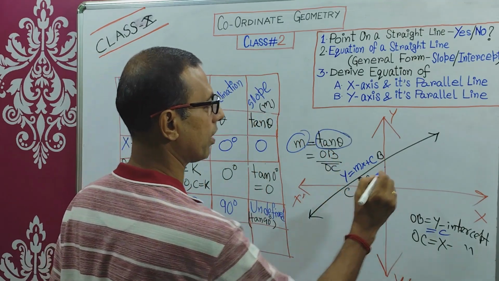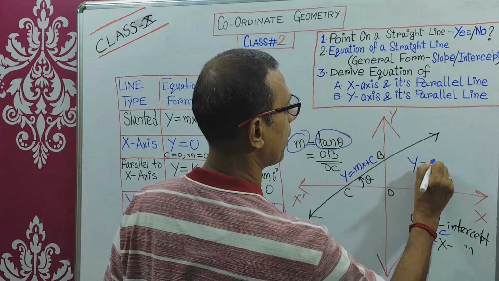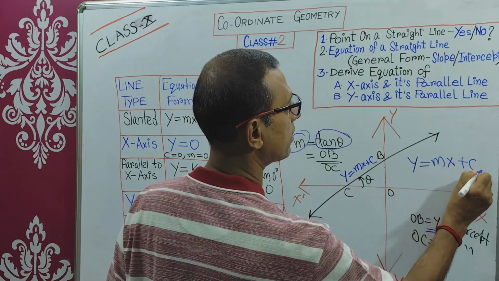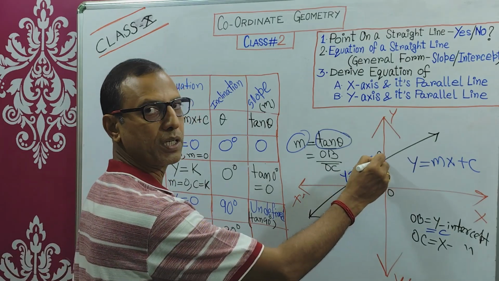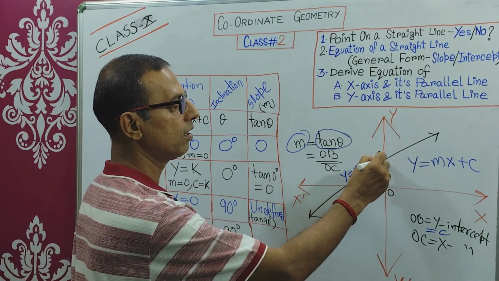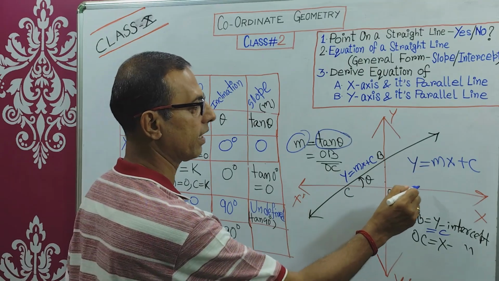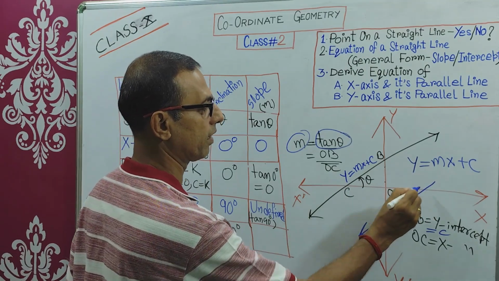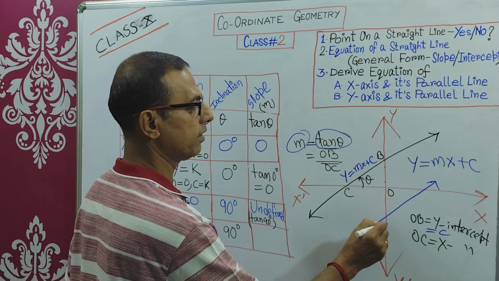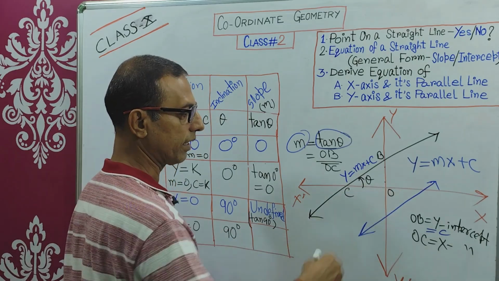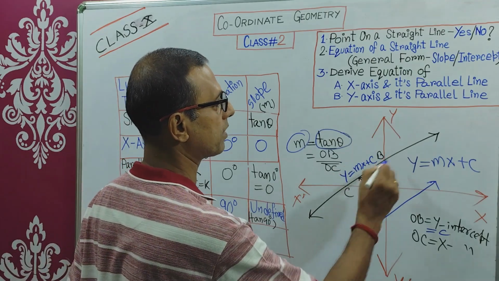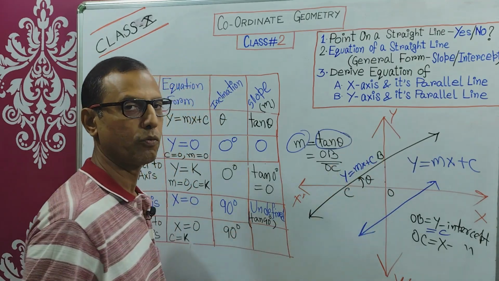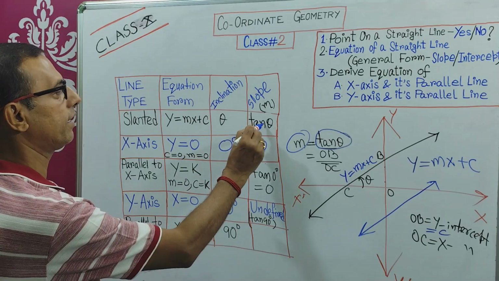In the equation y equals mx plus c, we consider c as the y-intercept. This y-intercept could be on the positive y-axis or the negative y-axis. Let's say the line is cutting in this manner. In that case, this c will be negative. It is cutting the y-axis in the negative part, right? So y equals mx plus c, where it intersects both the x and y-axis. So tan theta is the slope.